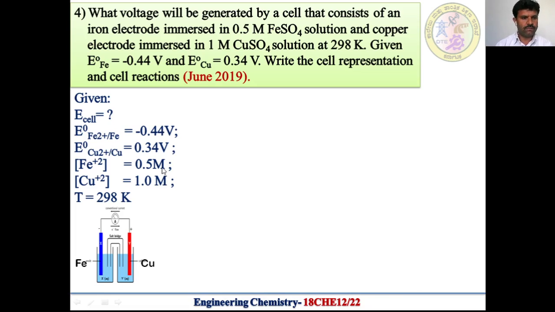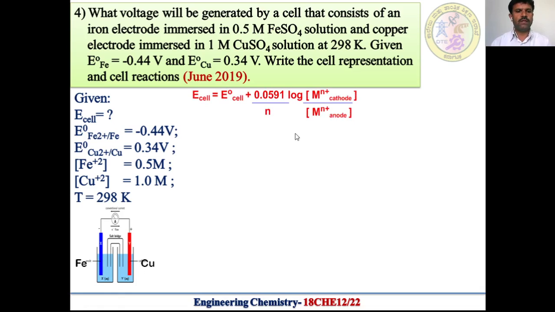According to these values, copper acts as cathode because it has a higher standard reduction potential than iron. Hence iron behaves as anode. So iron is the anode and copper the cathode.